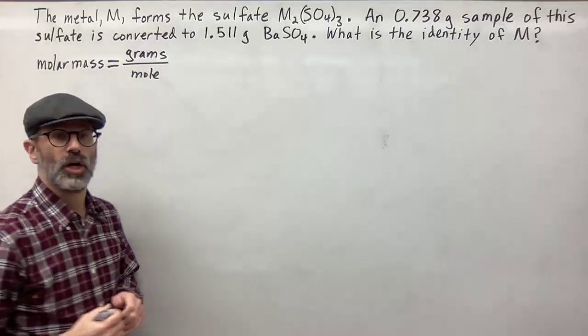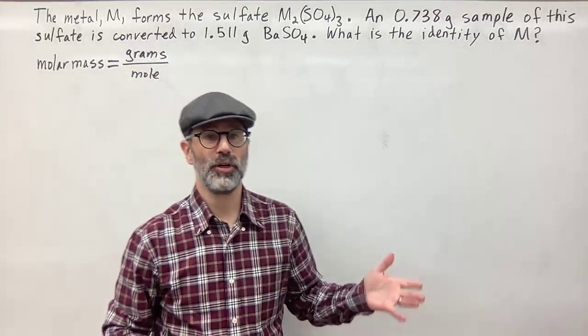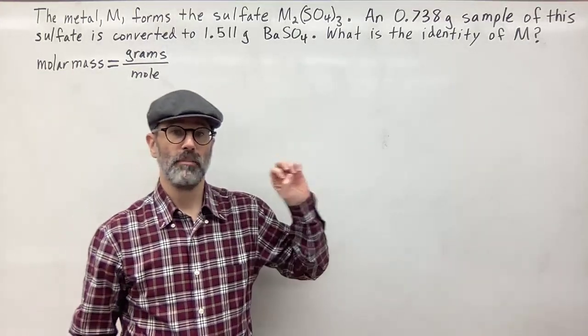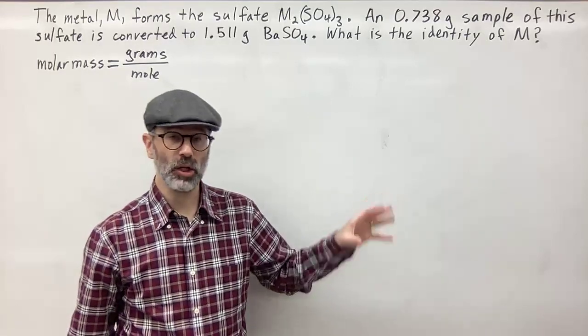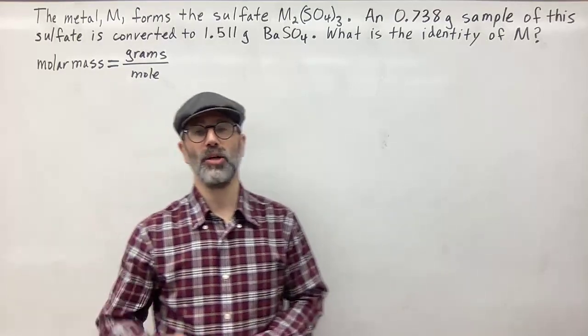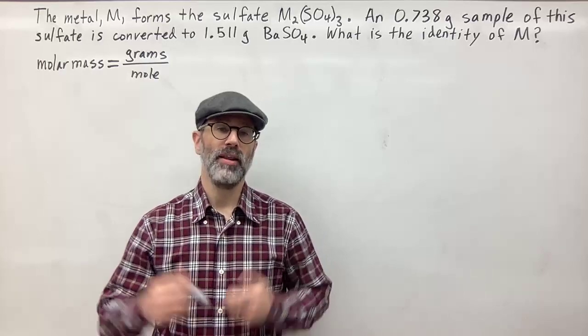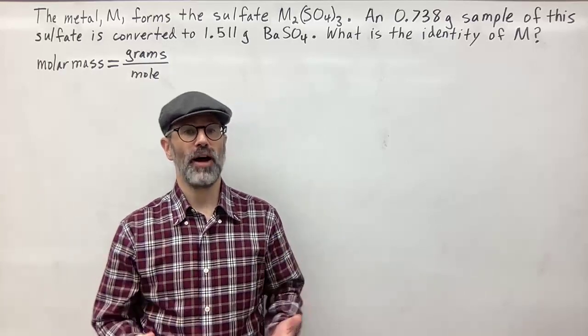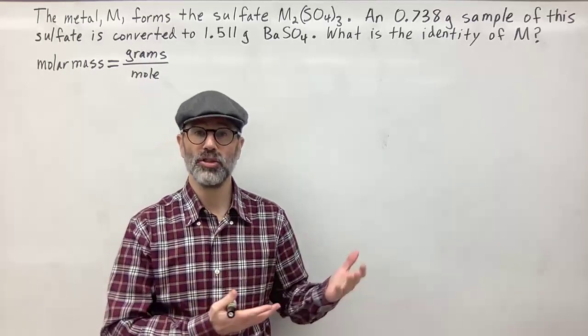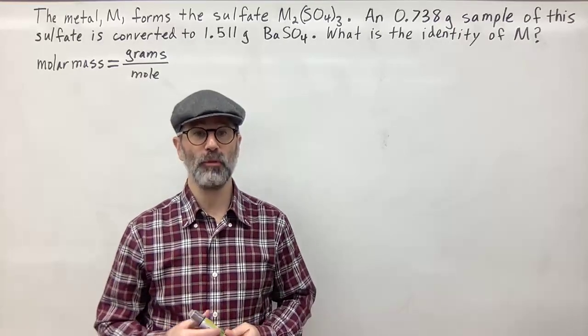Grams divided by moles. So if I could figure out the grams of my mystery metal and I could figure out the moles of my mystery metal, then I would just divide those two, and that would give me the molar mass of the mystery metal, and I would look on the periodic table for that.